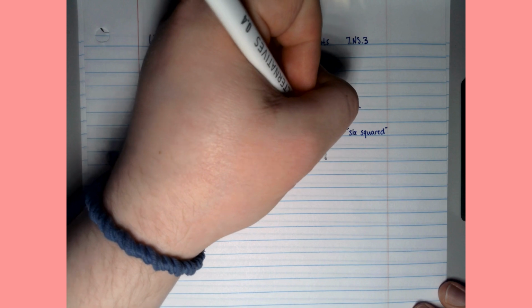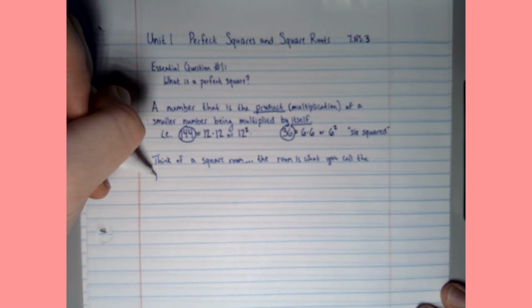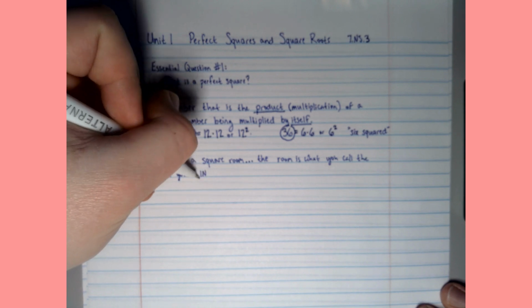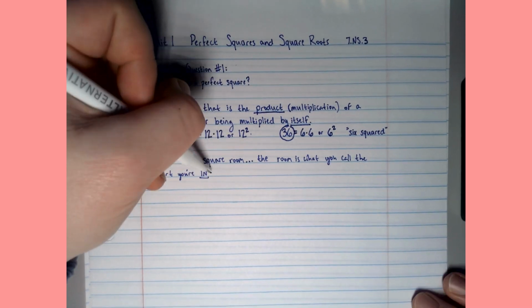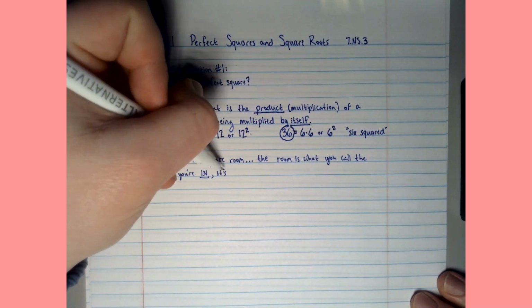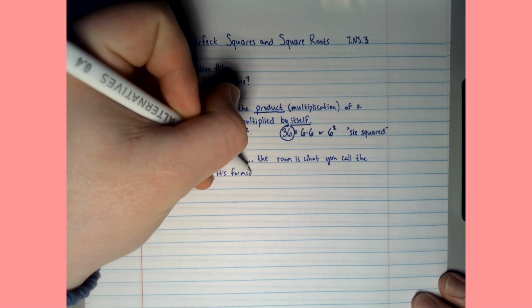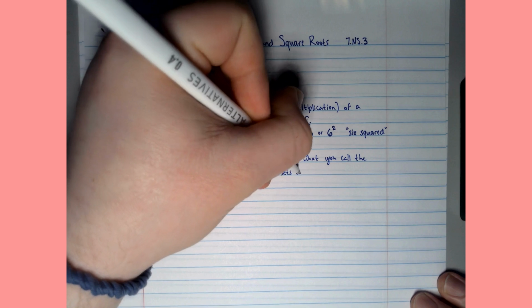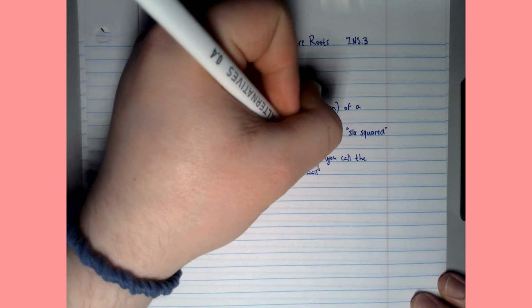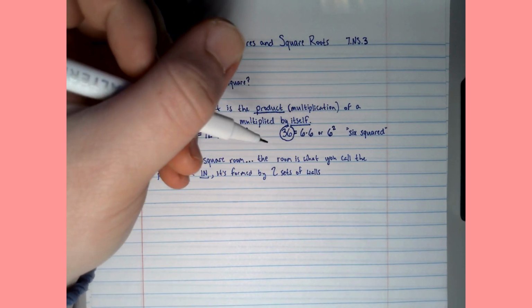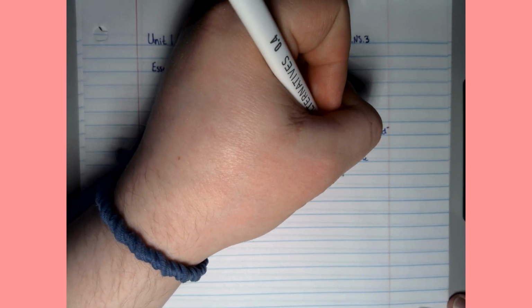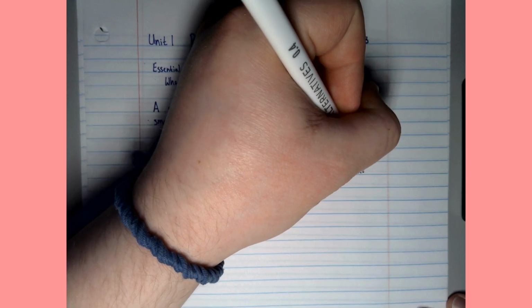So the room is what you call the part you're in. I'm going to capitalize that so you know. In that room, it is formed by two sets of walls. Pretty sure most rooms have 4 walls. So 2 sets of walls. And they are all of equal length because we said this is a square room.